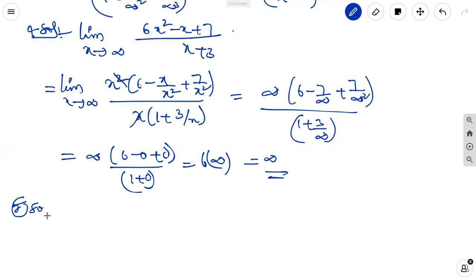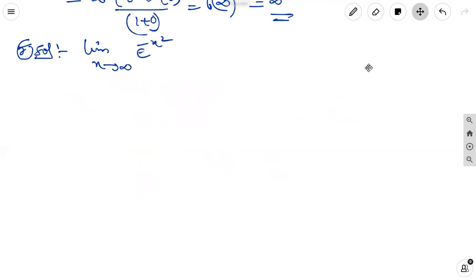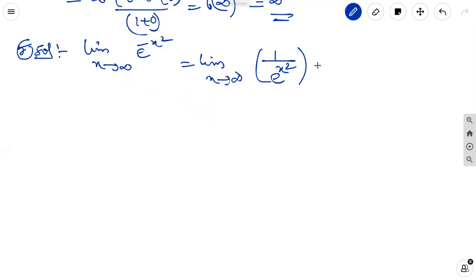Fifth one, limit x tends to infinity e power minus x square. That is nothing but, here also we can take limit x tends to infinity e power minus x square, which means e power x square should be in the denominator, that is 1 by e power x square.